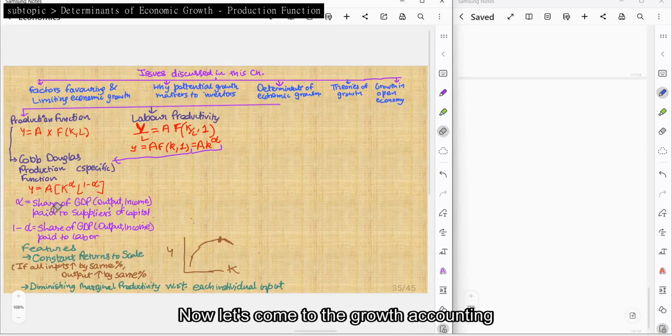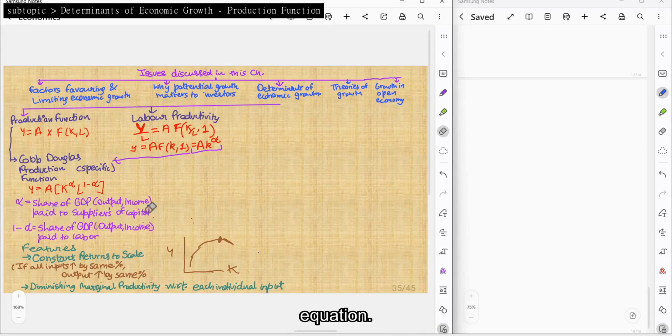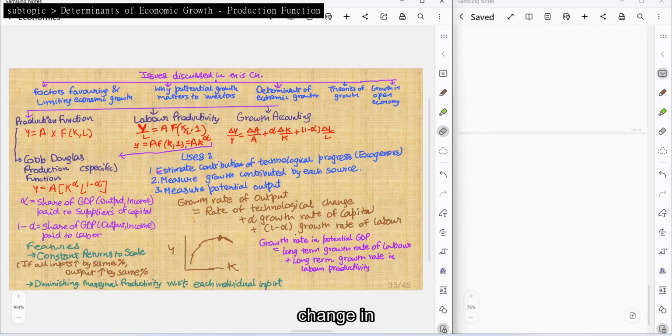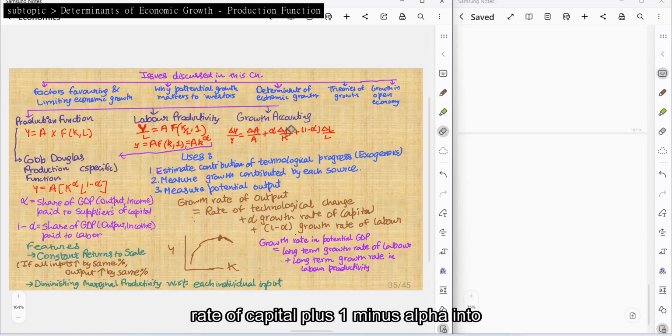Now let's come to the growth accounting equation. The Cobb-Douglas production function could be written in a different way like this. On the left hand side we have the change in the rate of output, which equals, on the right hand side, the change in the level of technology plus alpha into the change in the rate of capital plus 1 minus alpha into the change in the rate of labor.